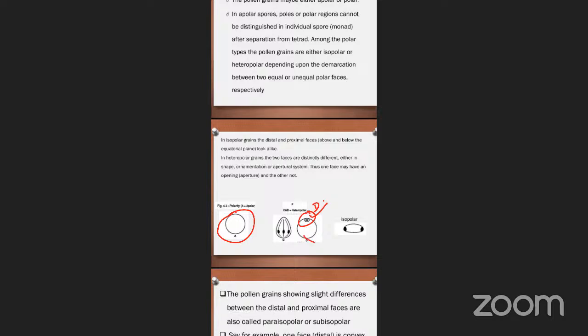In the proximal pole, no pore. If you see isopolar, distal and proximal, remember, proximal is always toward the center. So if both marks are present, that means distal and proximal, that is called the isopolar condition. Is it clear? Yes, sir. Polarity clear? Right.